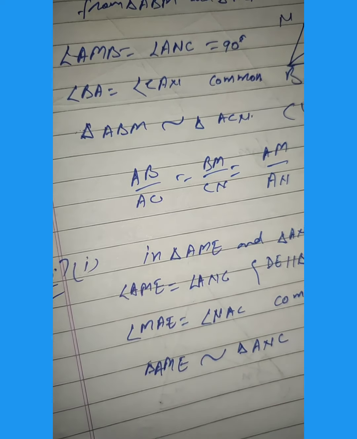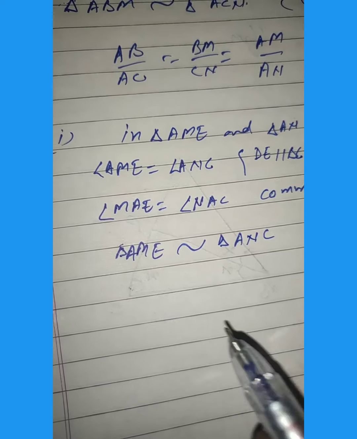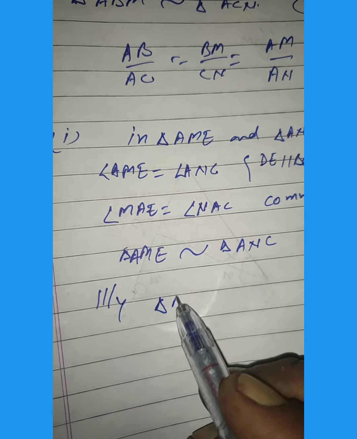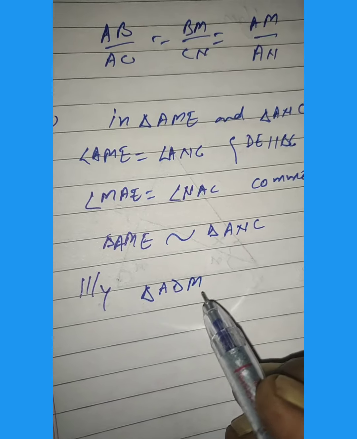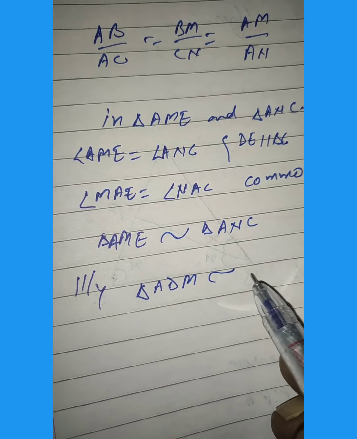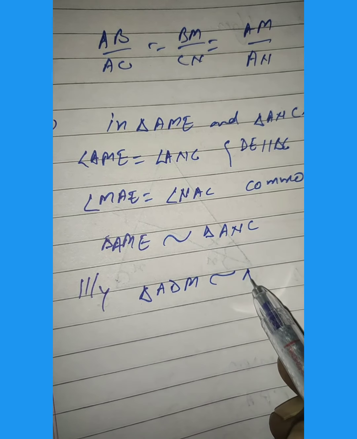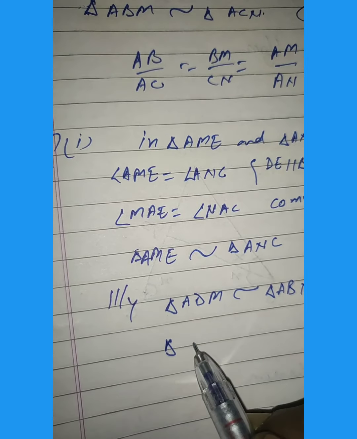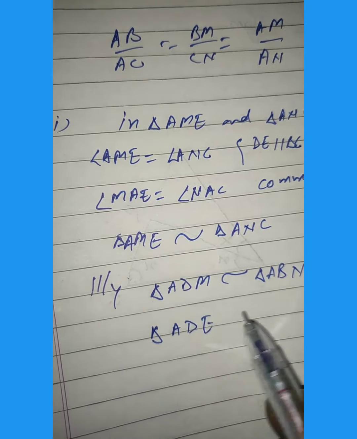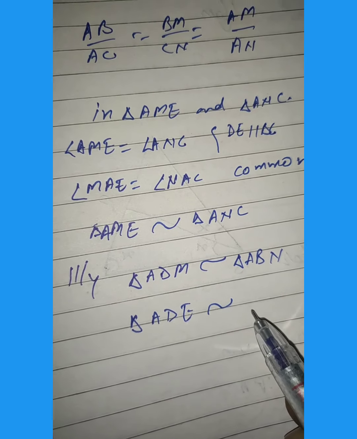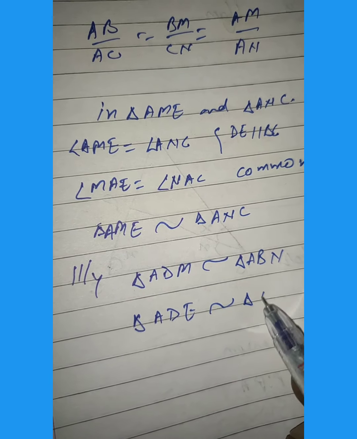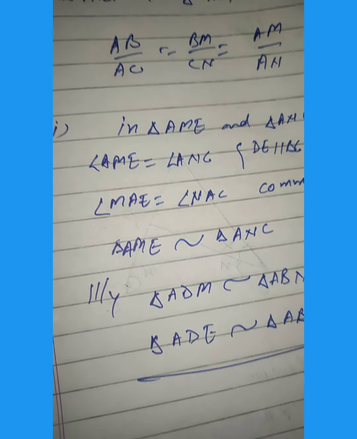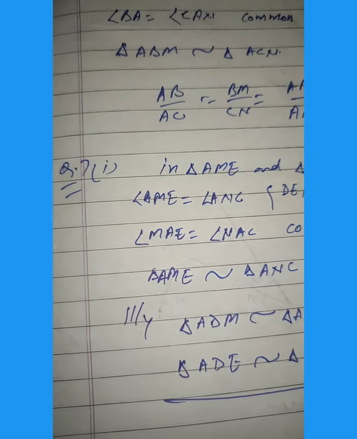In the same way, you can prove the other two pairs of triangles are similar. Similarly, triangle ADM is similar to triangle ABN, and triangle ADE is similar to triangle ABC. So in this way, these two pairs can also be proved with the same reason.